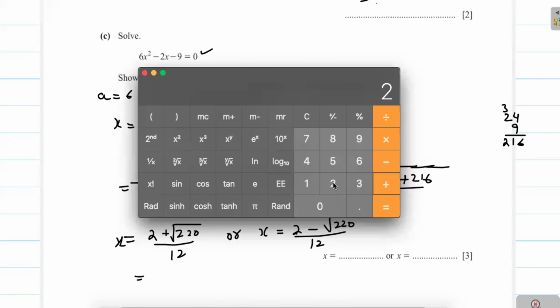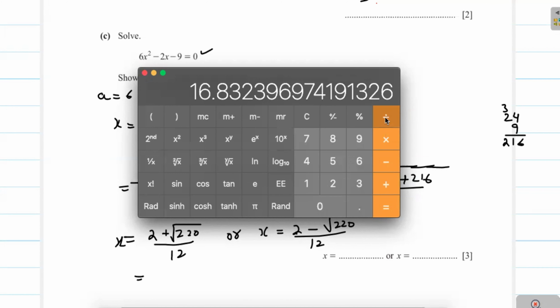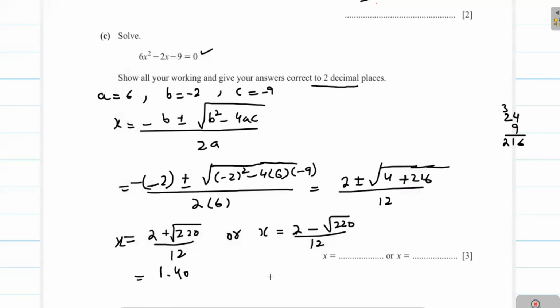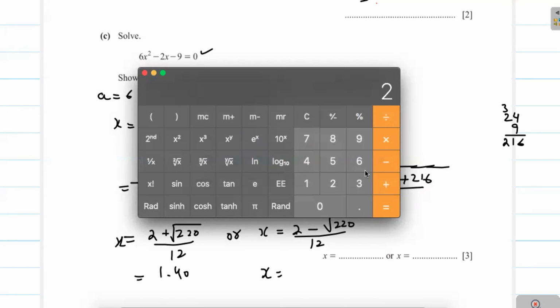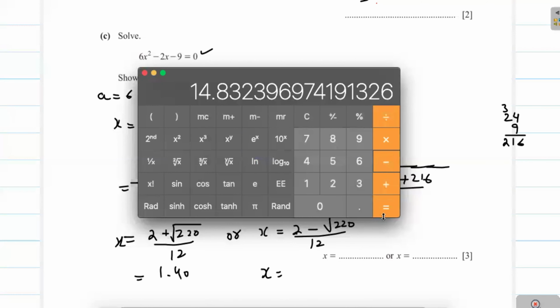2 plus square root of 220 is equal to 16.83 divided by 12. And this value is equal to 1.40. And the next value of x will be equal to 2 minus square root of 220.